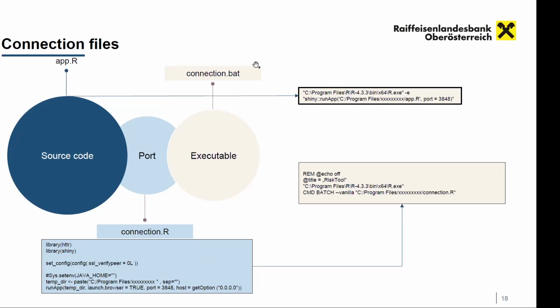And then in the final step, you have the BAT file that would finally connect your connection file to an executable web, meaning you will show your application on the web under the address of the host plus port. Intranet, that's important. Intranet.